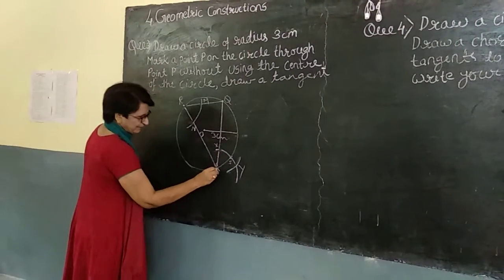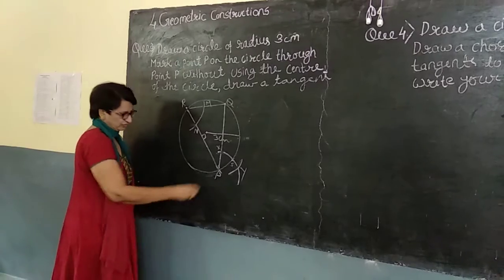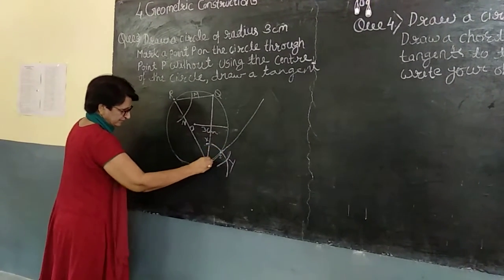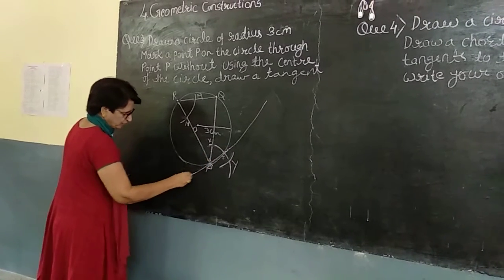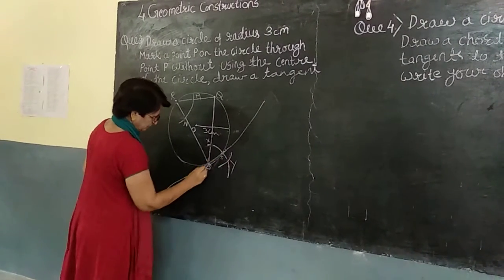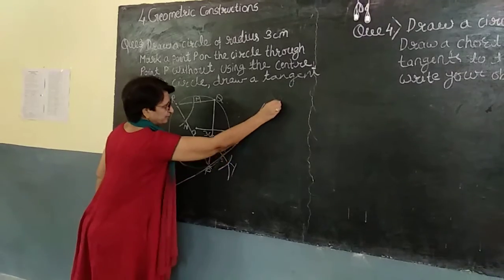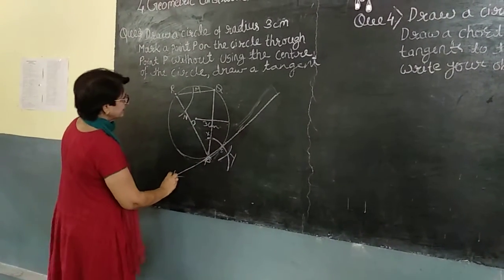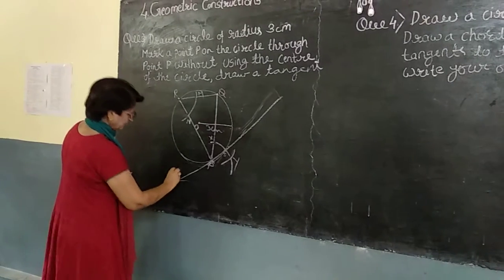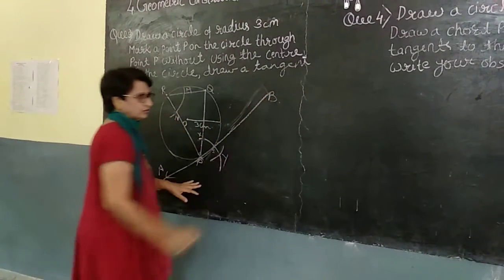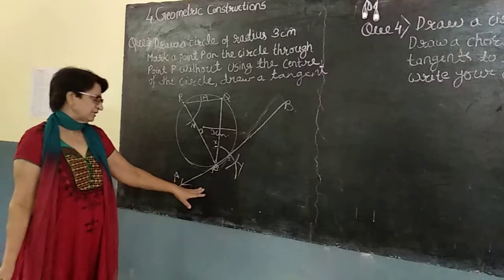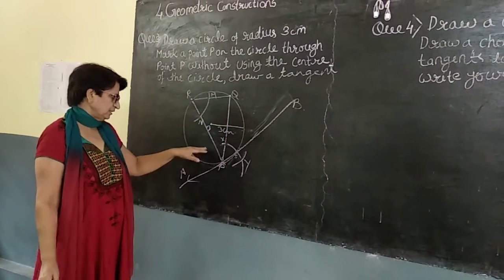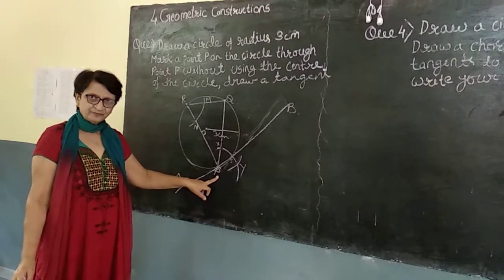Then join P and S and draw a tangent. So this will be your tangent to the circle from point P. Mark it as A, B. And as I taught you, at the bottom you should write AB is the required tangent to the circle from point P. You must write it.